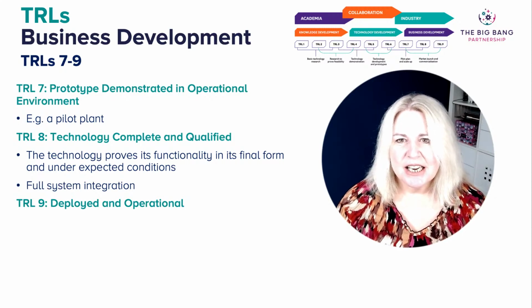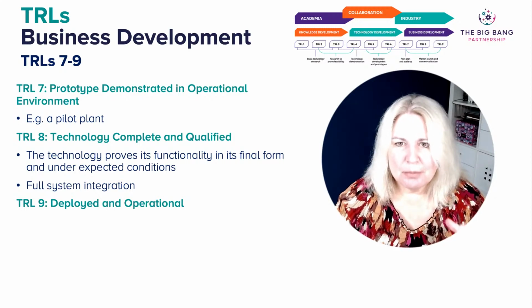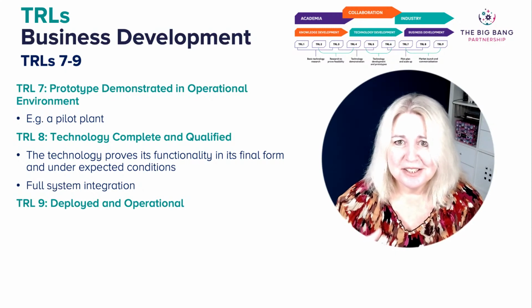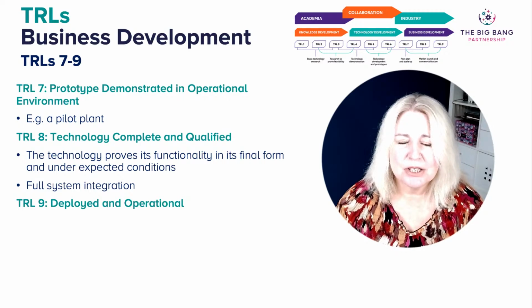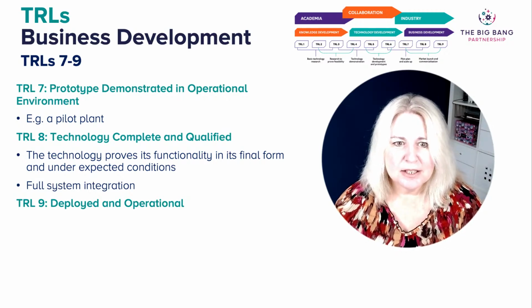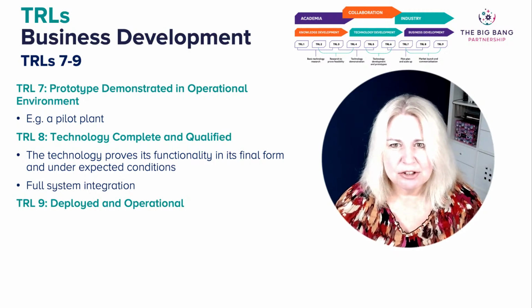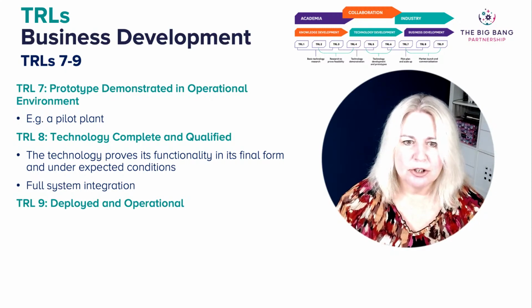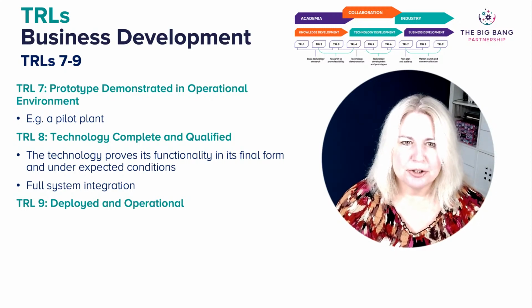TRL 8 is then about making sure everything works together, because no innovation exists in a vacuum, right? It all needs to work with everything around it. So it's working okay in the expected conditions, everything's integrated and it's looking good, so that you can get to TRL 9, which is about making the technology deployed and operational.